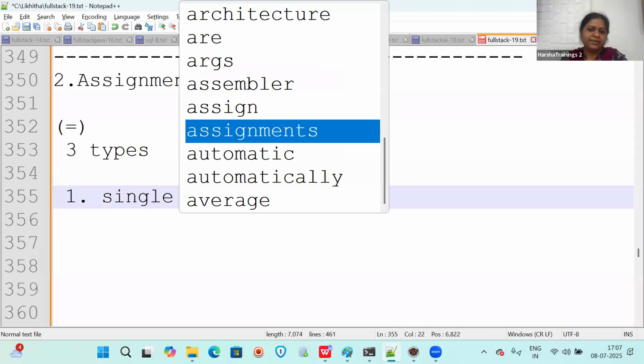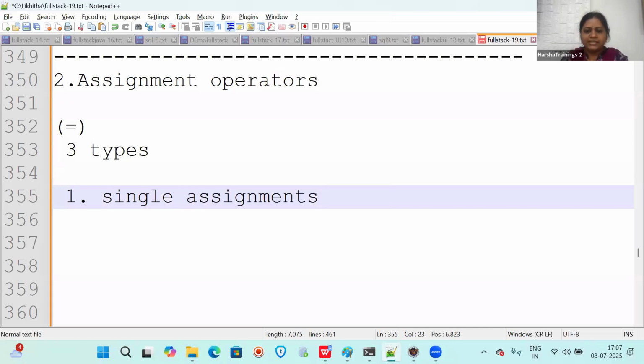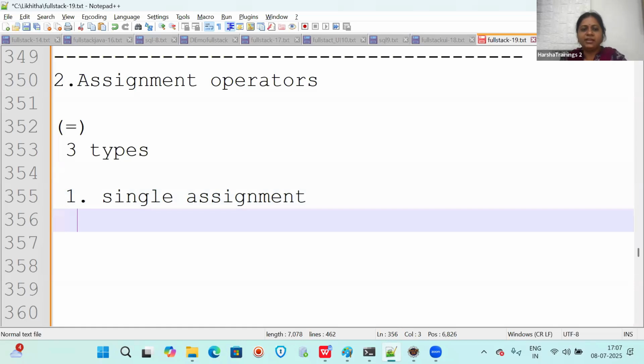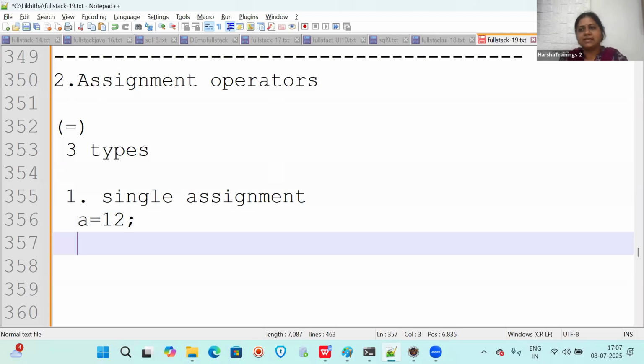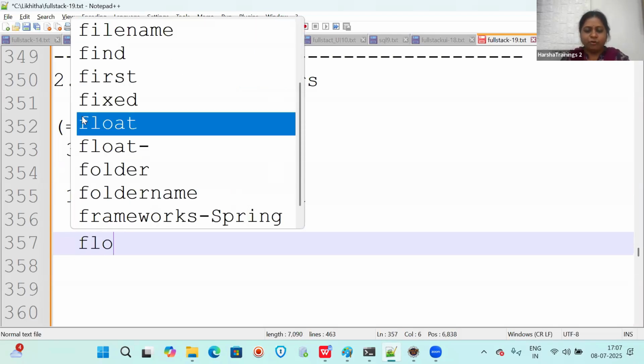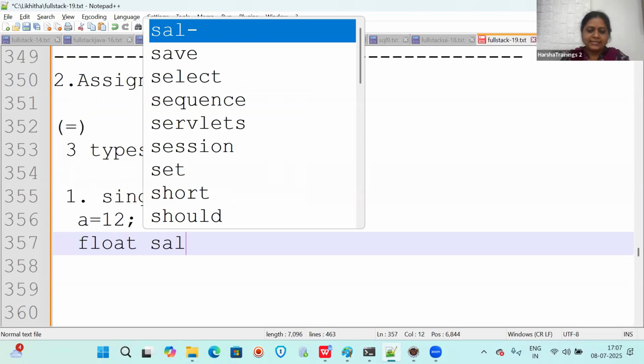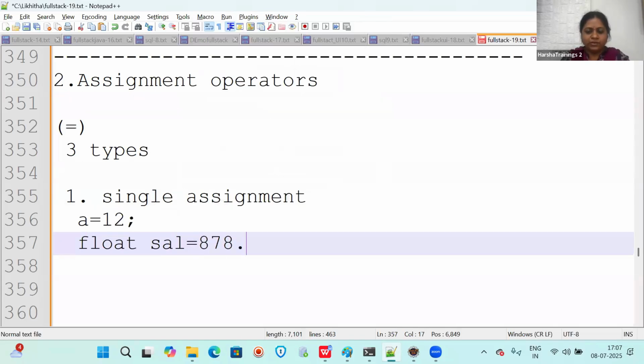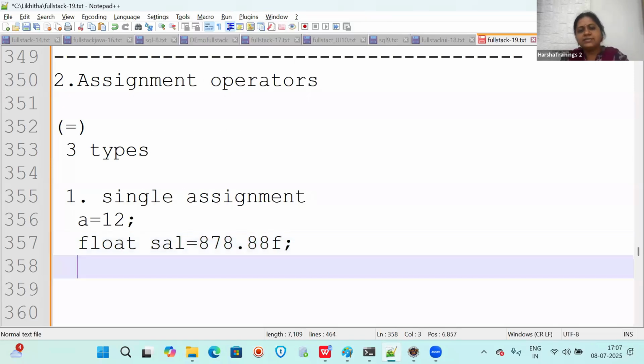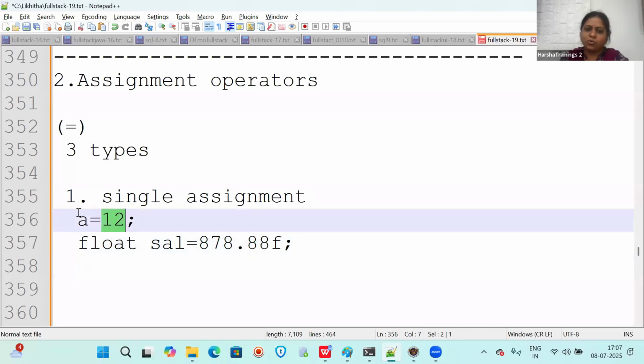When you are giving a is equal to some value, 12, this is single assignment. Not only int a; if you are declaring some float, sal is equal to some value, this is also single assignment. Whatever you write here is stored in the a variable.